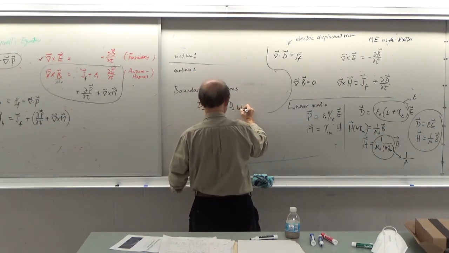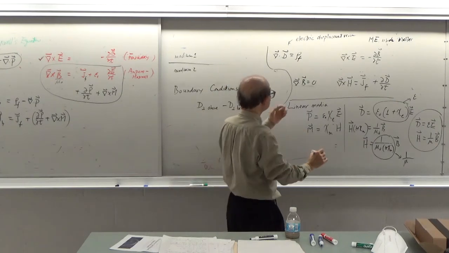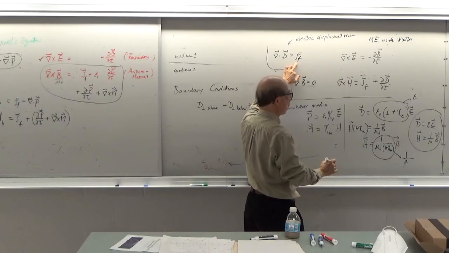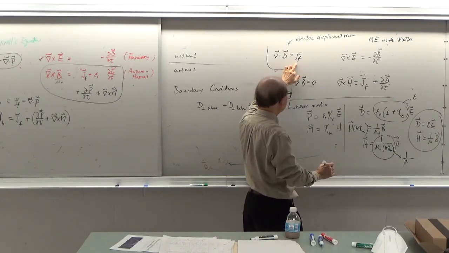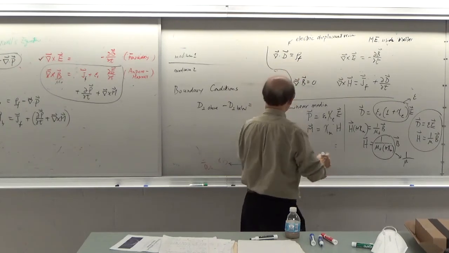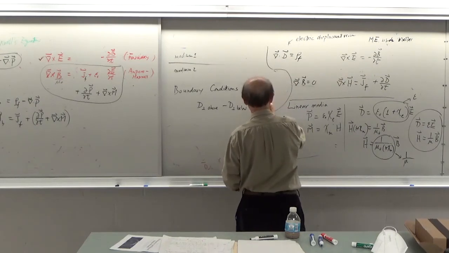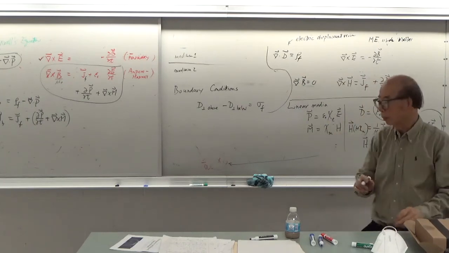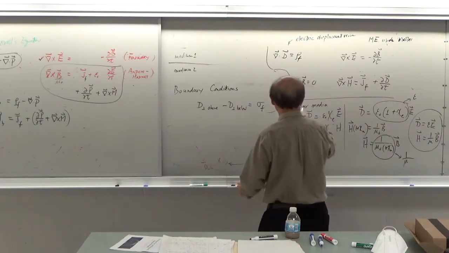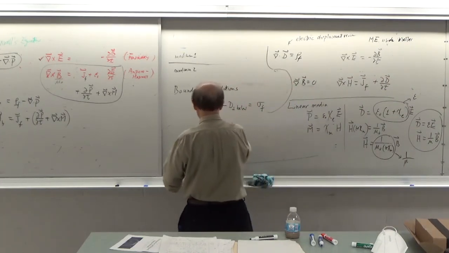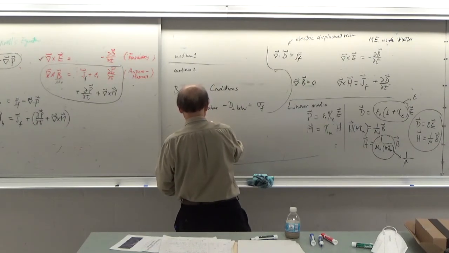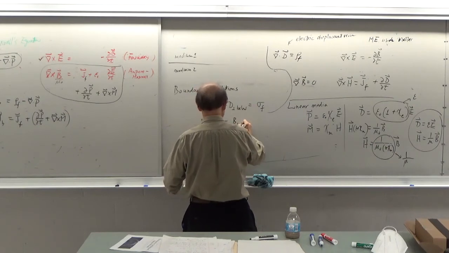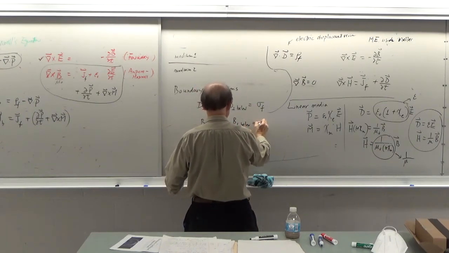Is equal to, you have here, now what's the charge enclosed inside that? Of course, it's nothing but sigma F. And this one, of course, is simple. You get E perpendicular above, relative to E perpendicular below, is 0.